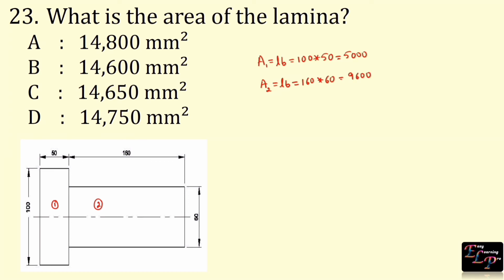Here both shapes are combined together, hence total area is equal to A1 plus A2. 5000 plus 9600, which is equal to 14600 mm square. So the answer is option B, 14600 mm square.